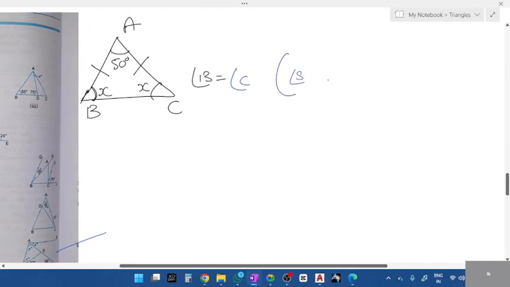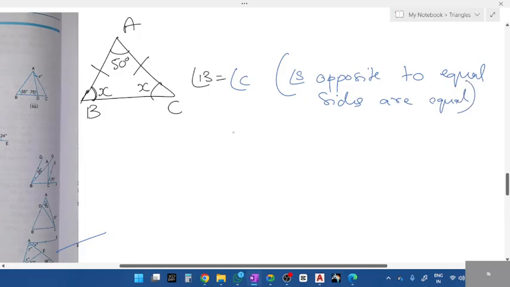Angles opposite to equal sides are equal. AB and AC are equal. Therefore, since the value is not given, you write let angle B equals angle C equals X. Take it as X. Apply sum of interior angles. Find the value.